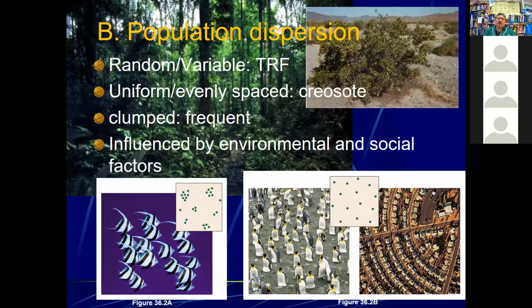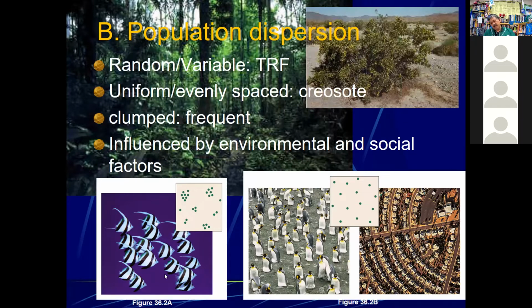So is everything just evenly spaced and uniform? No, most commonly the dispersion of individuals in a population is clumped. Okay, and so that's what's going on here.